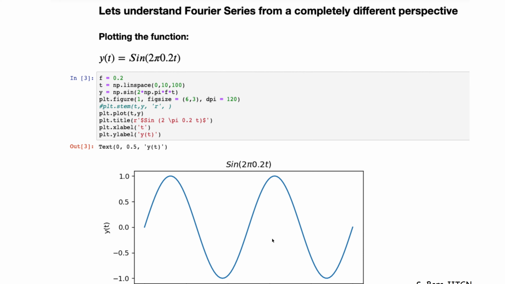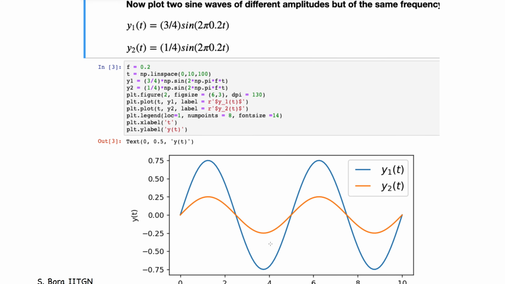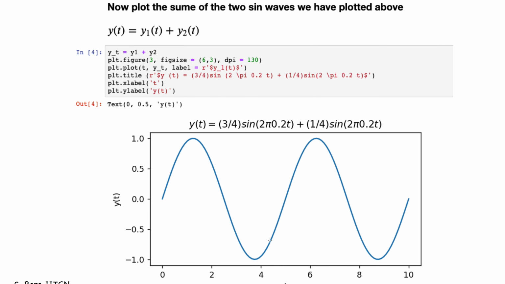This has a frequency 0.2, and I plot another sine wave with a certain frequency but different amplitude, and when I sum them up, you can see that I have the same sine wave with the same frequency but with a changed amplitude. I kept the amplitudes so that both sine waves remain between -1 and +1.